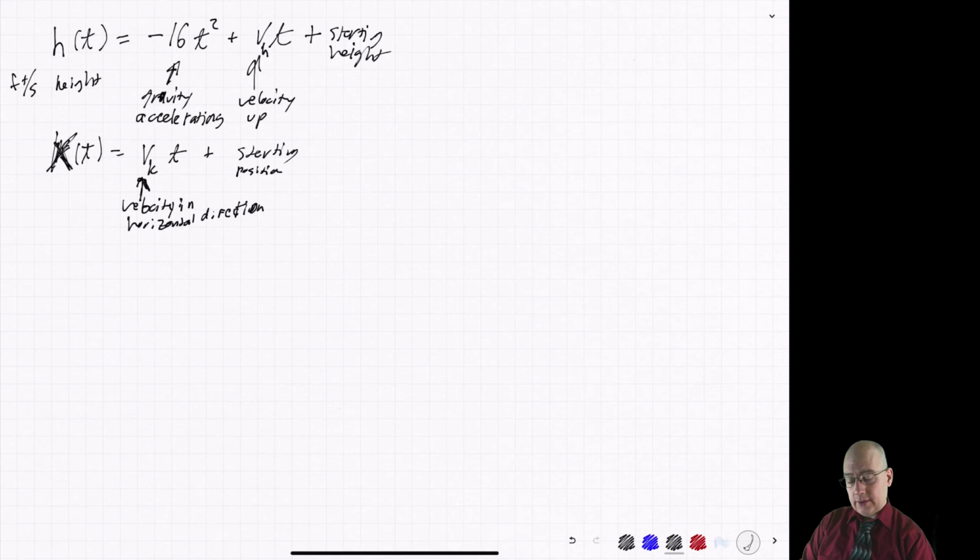Okay. All right. So let's say that I'm throwing this ball, hacky sack, at an angle, and I'm going, say, 40 feet per second to the right. We'll take that to be the positive direction. And we'll say I threw it up 20 feet per second.